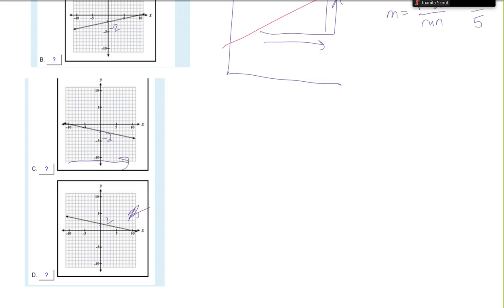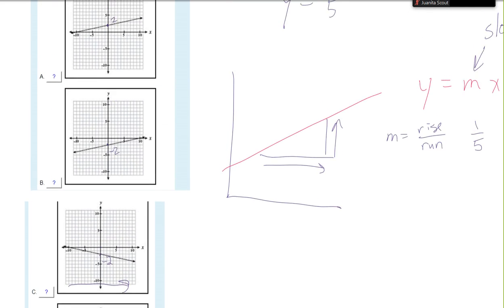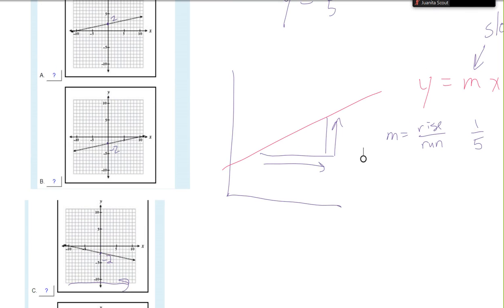This one here has a slope of negative 1/5. These two both have a slope of 1/5, but only one of these two can be right, because of the y-intercept: one of them is going to be positive, it'll be plus 2, and the other one's going to be subtract 2.